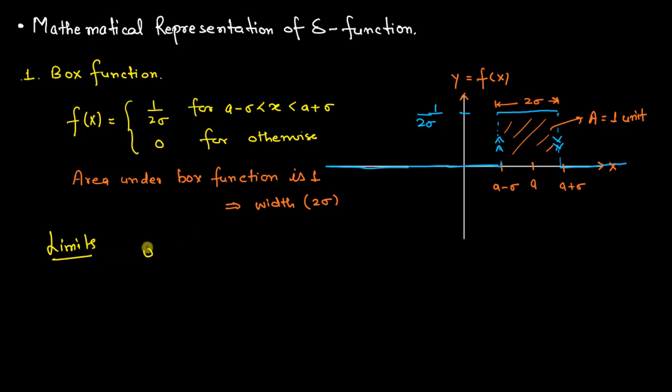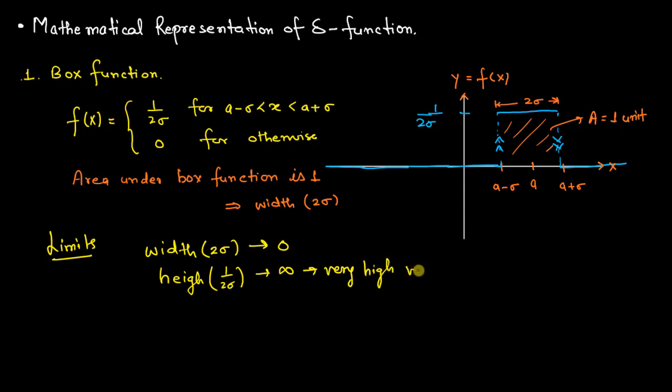Let's suppose the width is 2 sigma. If we decrease the width, if this width goes to 0, since the area is conserved, then the height, which is 1 by 2 sigma, will go to infinity or a very high value, so that the product of the width and the height remains the same, that is 1.